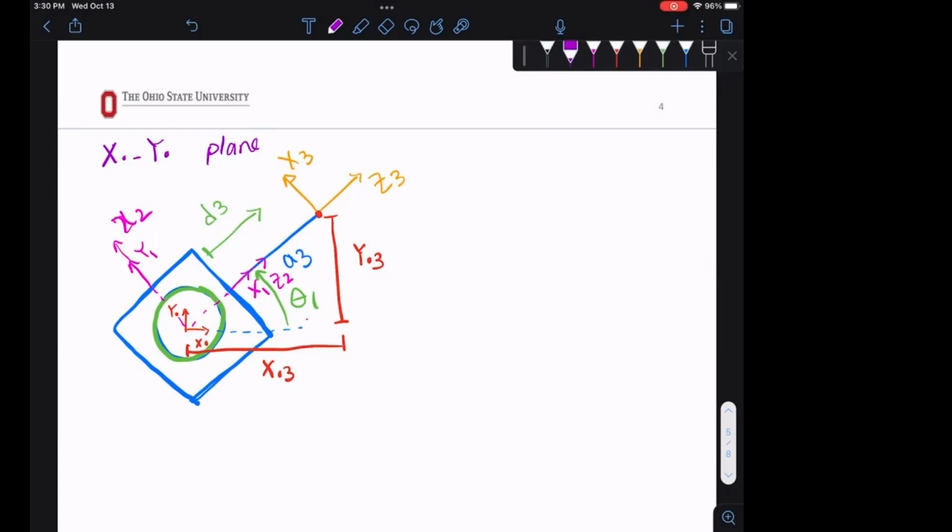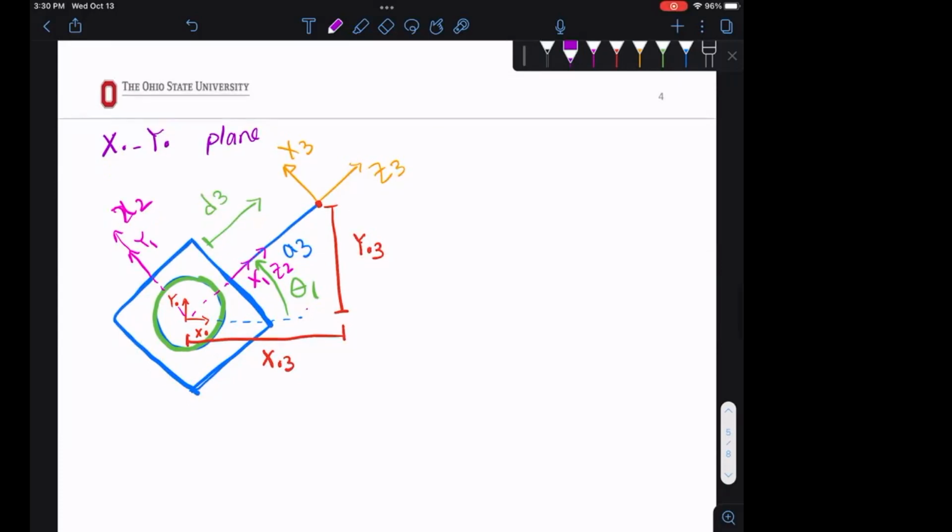Yes. Can we write something that's not dependent on theta 1? Because it's best if you can find linear relationships, so they are independent from each other. That's not wrong, but you will have to find theta 1 and replace it. So can we find something else? Adnan, could you do the root of x03 squared plus y03 squared? Yes. So we can write x03 squared plus y03 squared is going to be a3 plus d3 squared, right?